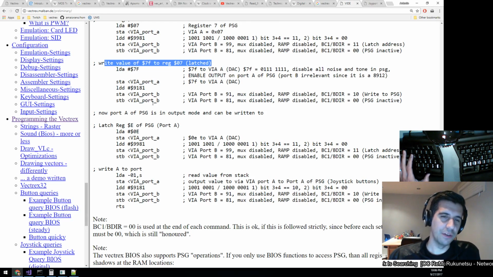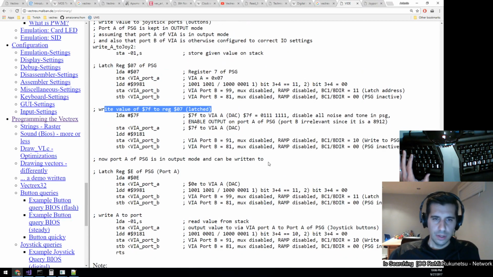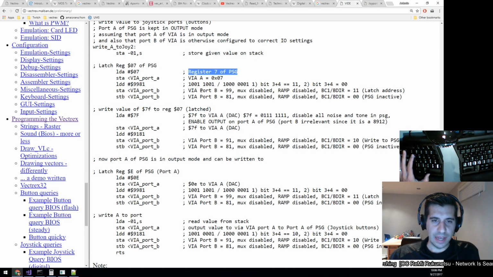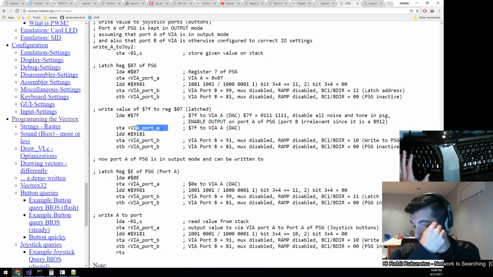Yeah, I can see why it's confusing. Because first we need to use the VIA's port A to select register 7. Now that we've selected it, we can write to register 7 of the PSG again through port A, which sets internally the mode in the PSG, right?